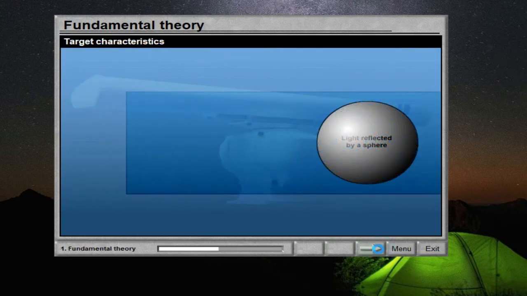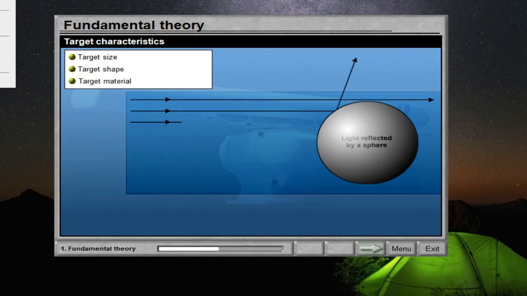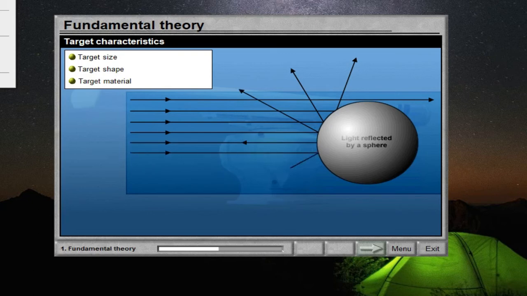The target capacity to reflect radar pulses is dependent on the target's size, shape, and material. When a radar pulse hits a target, some of the pulse will be absorbed and some of it reflected.